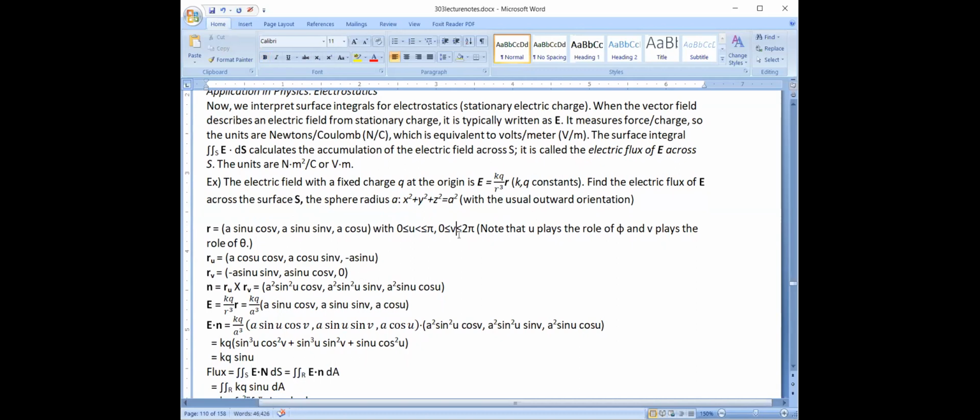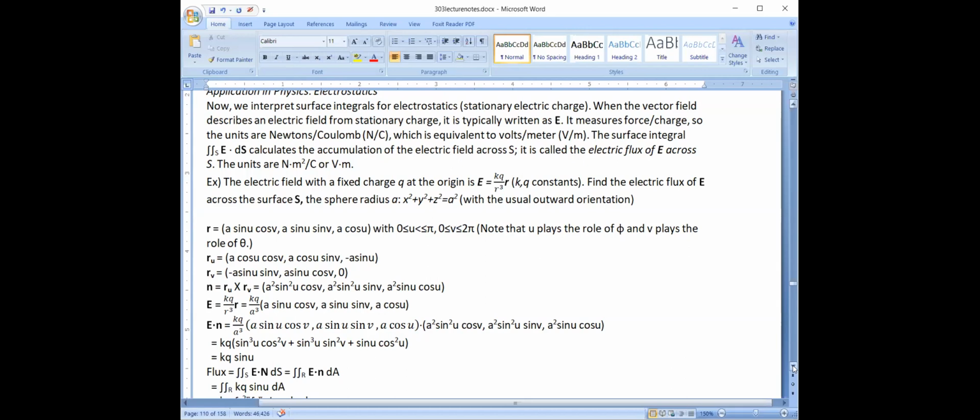So it's the double integral over the region of electric field E dot normal vector n dA, but we just calculated vector field E dot normal vector n, and we know it just simplifies to kq times sine u. Okay, so now we've got to do this integral.